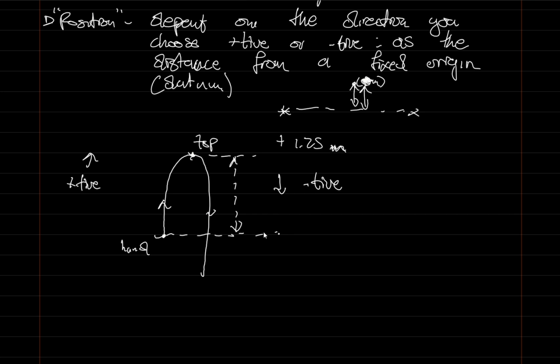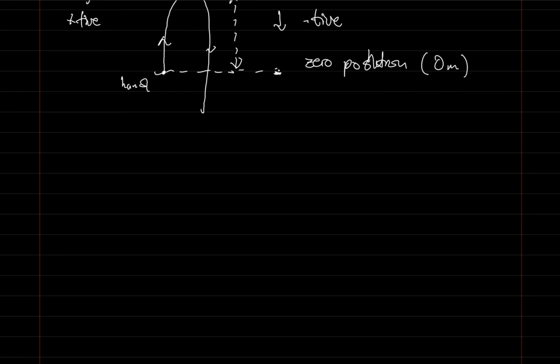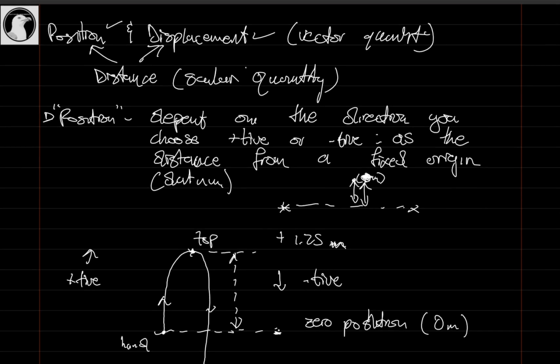And then here at the bottom, the ball's position, what would it be? It would be at zero position, or you could say 0 meters. So that's an easy, nice example for how to tell the difference between position and distance.